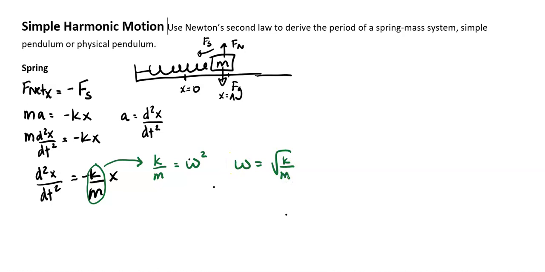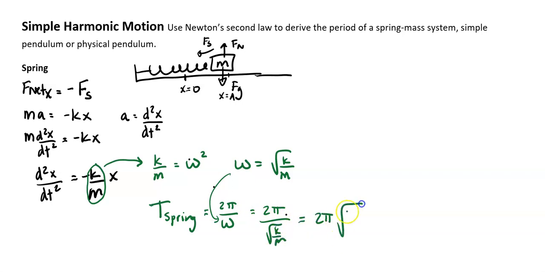And let's go ahead and just finish this off and derive the period of the spring. So period of a spring, and again, period for anything is just 2 pi over omega. But let's go ahead and plug in omega for a spring. So that's going to be 2 pi square root of k over m, which is going to be 2 pi root m over k. So again, that is the period for a spring.